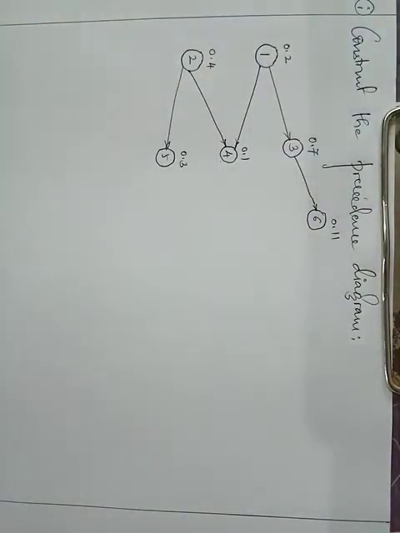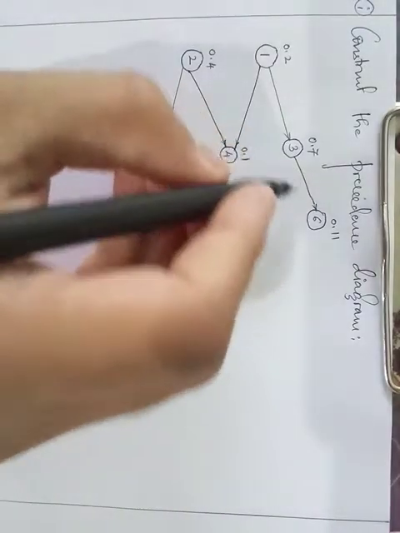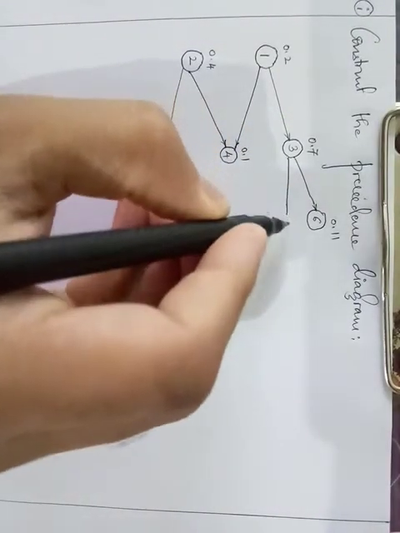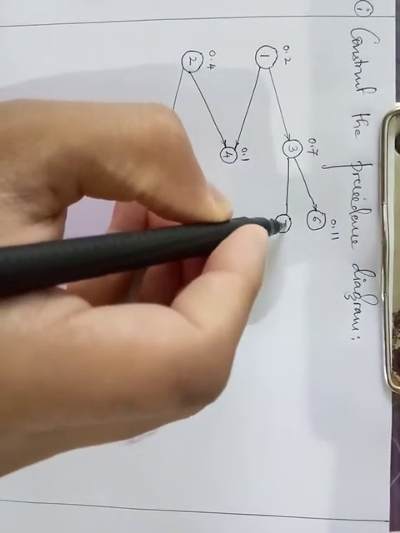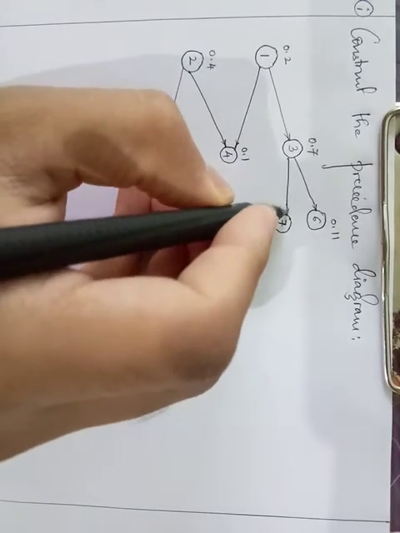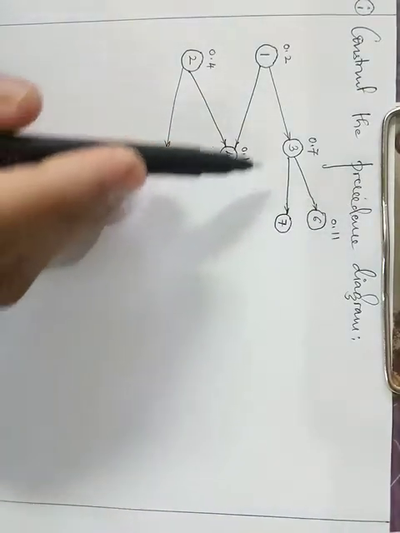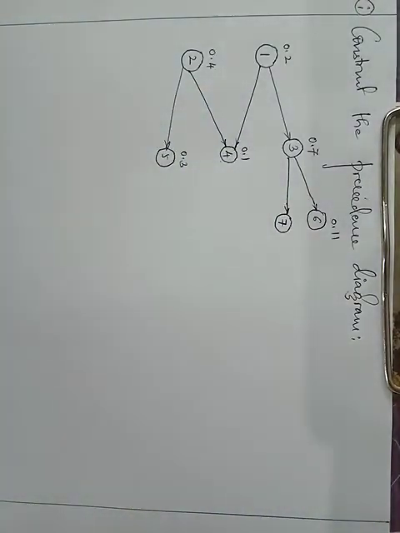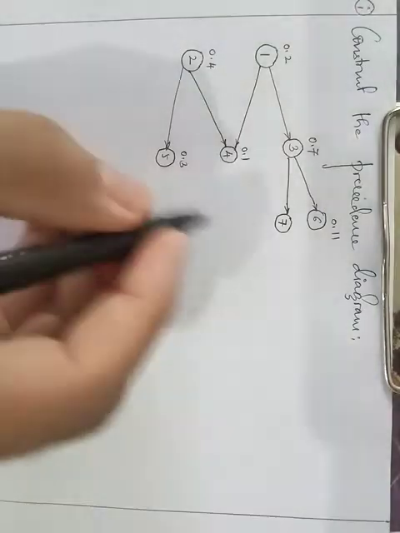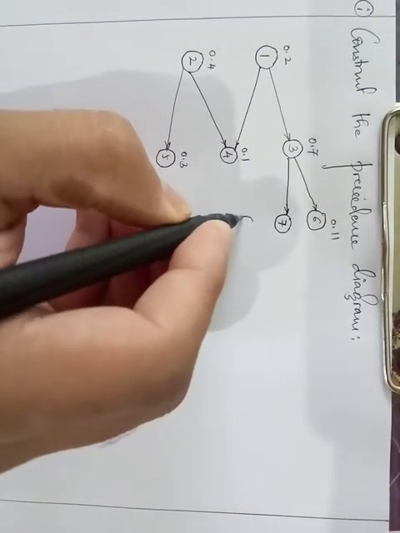Next, predecessor for 7 is also 3. So let me take it here. 7 is also 3. Once again I am drawing it in the same straight line because it is having a common predecessor. For 8 it is 3 and 4. Okay, let me take 8 over here.